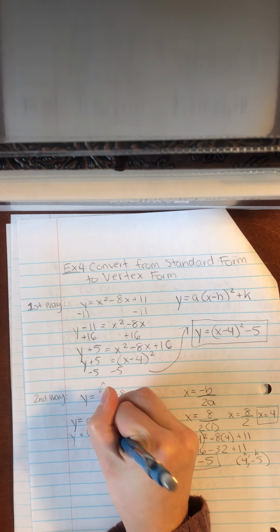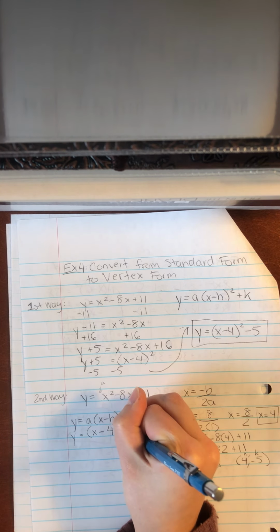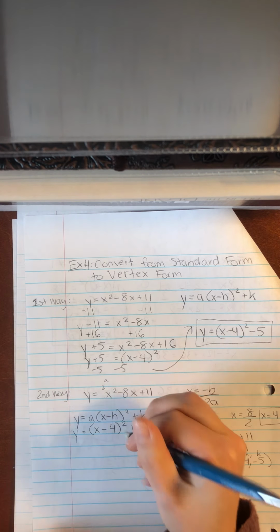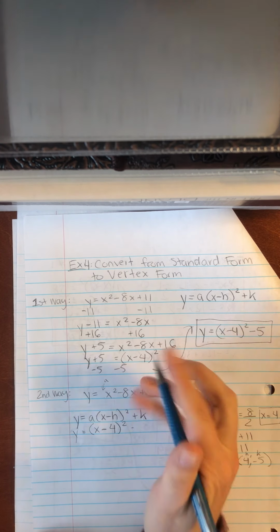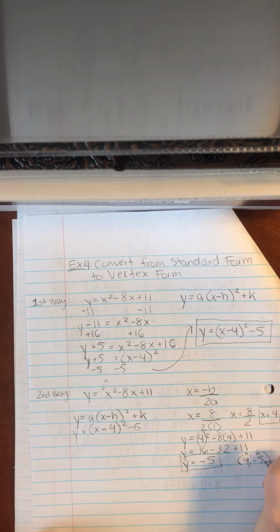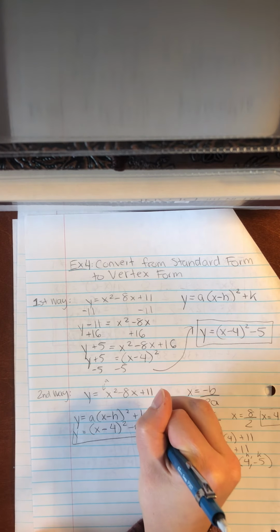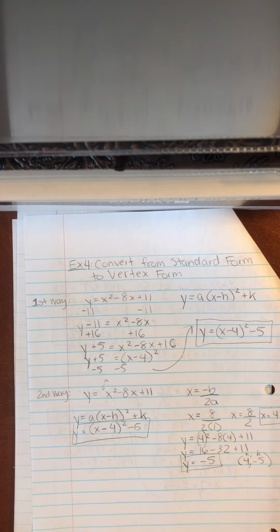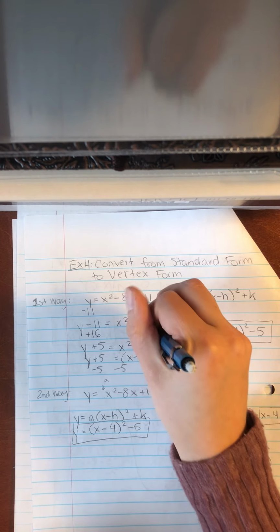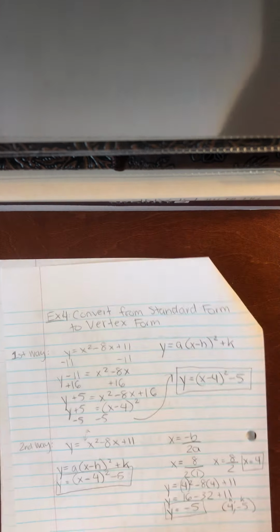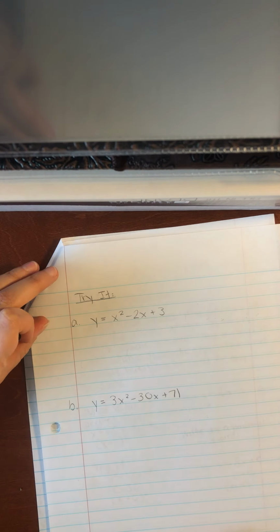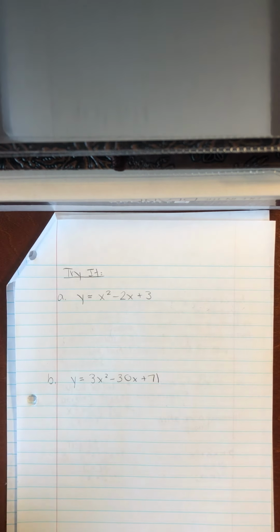So h is 4, plus, well, plus negative 5 is really just minus 5, right? So k is your y value. So that's it. As you can see, we got the same answer both ways. I like this way better, except for when the leading coefficient is not 1, which I'm going to show you in this example down here.